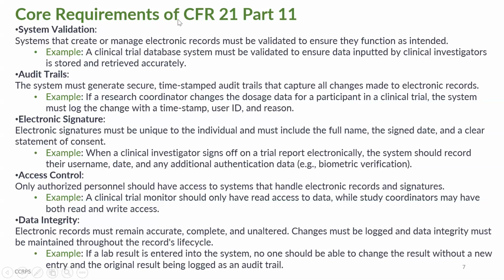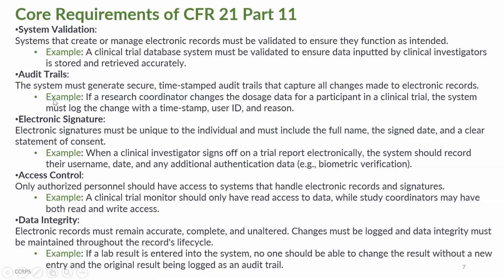Core requirements of CFR 21 Part 11. System validation: systems that create or manage electronic records must be validated to ensure they function as intended. For example, a clinical trial database system must be validated to ensure data inputted by clinical investigators is stored and retrieved accurately.